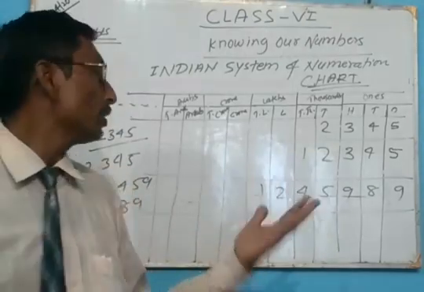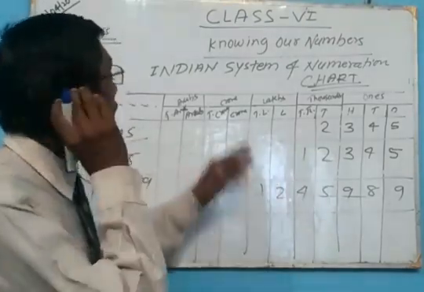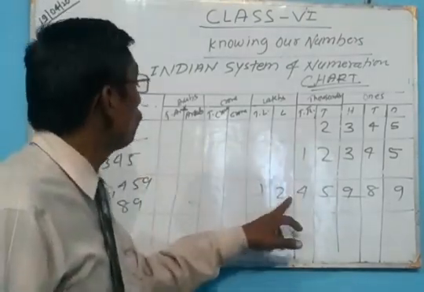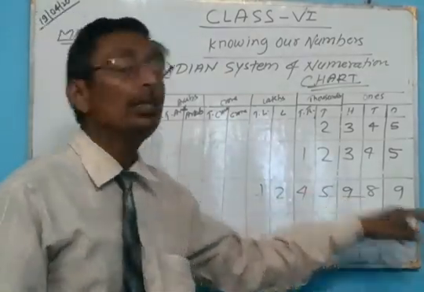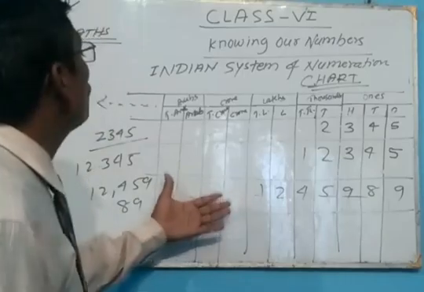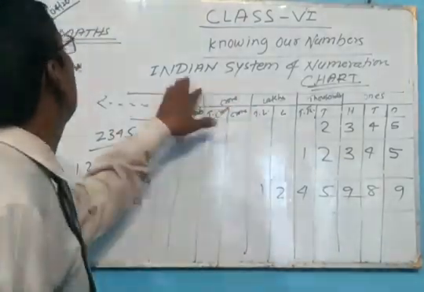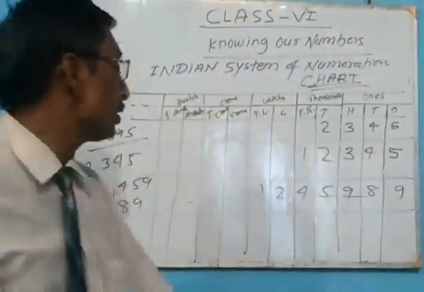So in the Indian system it is 12,45,989. This is the representation of numbers in the Indian system of numeration.